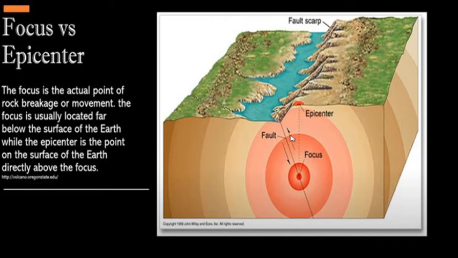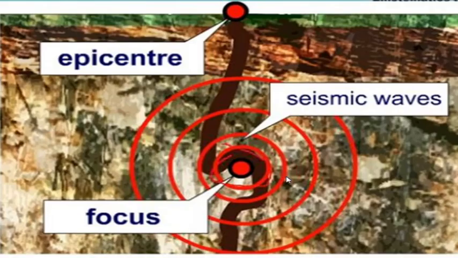Ito pong mga circle na to, this is the seismic wave. Okay, seismic wave. So, ito yung clear picture. This is the focus. Dito po nagsimula yung crack, which is the fault, diba? Tapos, meron siyang mga wave. Pag nagkaroon po siya ng seismic wave, nagkaroon po yan ng vibration.